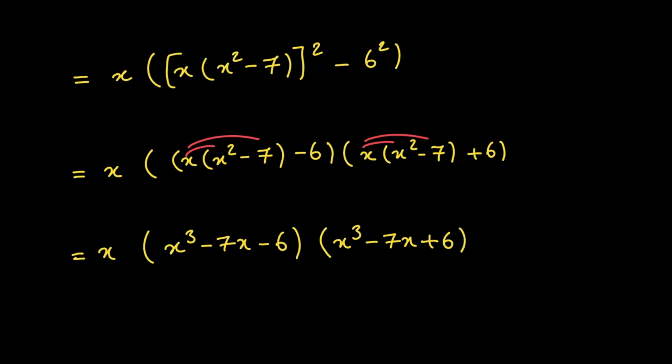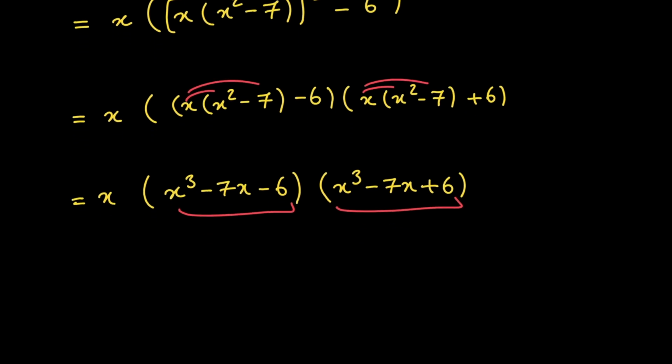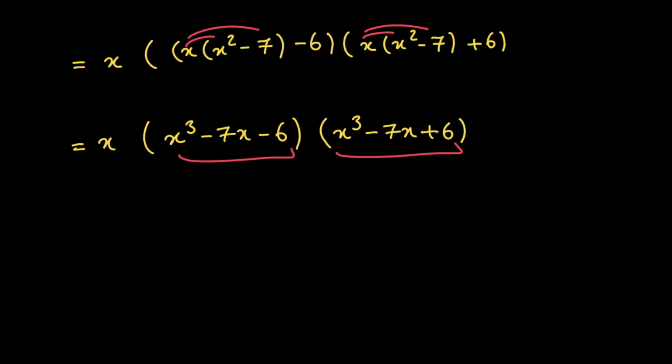So basically, we have two cubic expressions that we want to factor. To do that, in the first one, I'm going to go ahead and add 1. So I'm going to write x cubed plus 1 minus 7x. And to balance it up, I need to subtract 1.